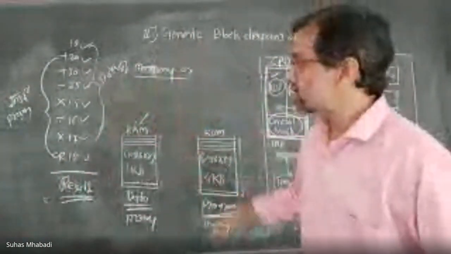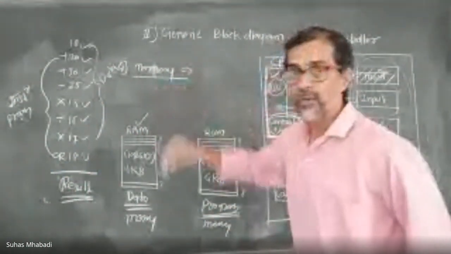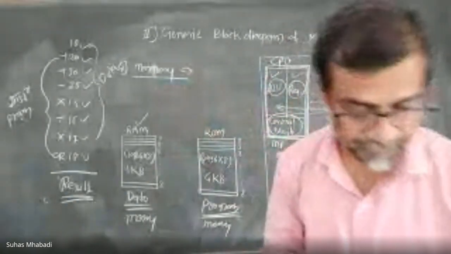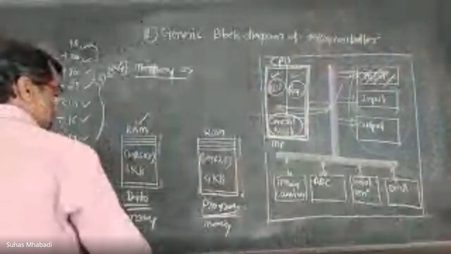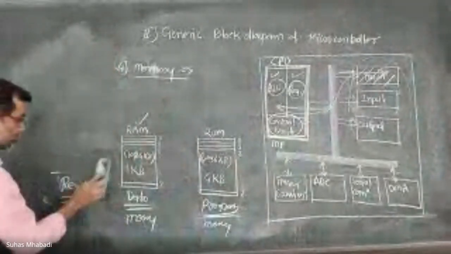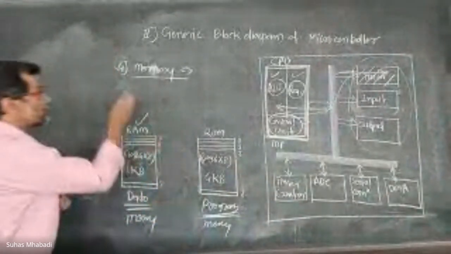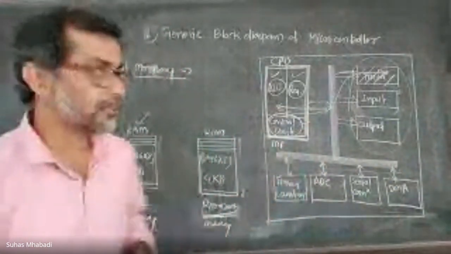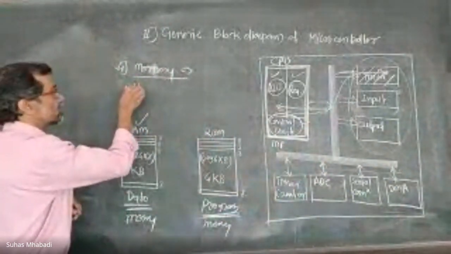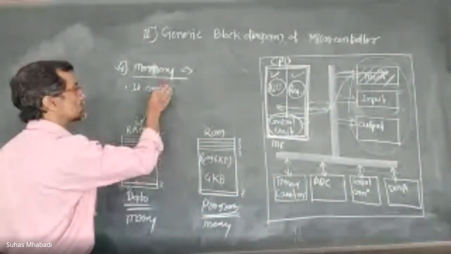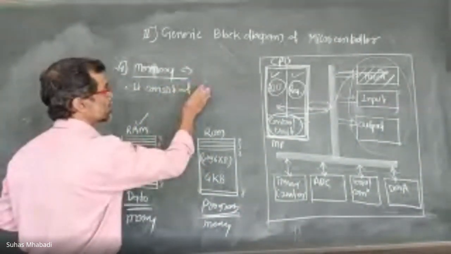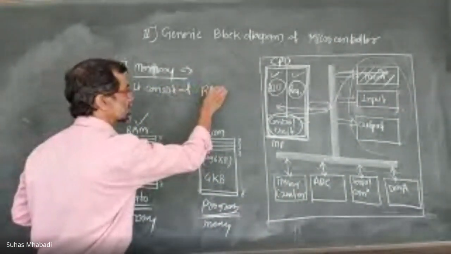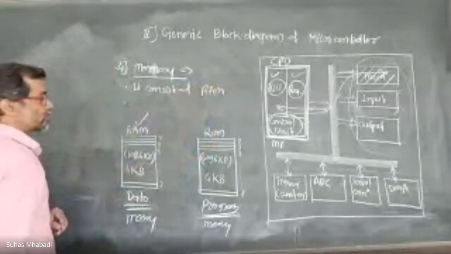Now based on this discussion, we will write some points over here, one by one. Okay, point number 1. The memory consists of two kinds. One is RAM, random access memory. Second point.